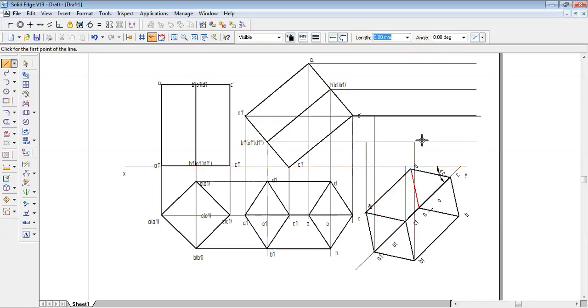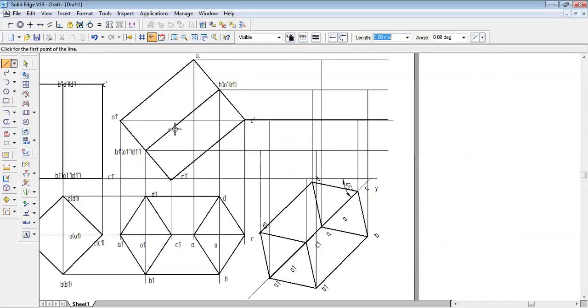Next A dash, next B dash, next C dash, next D dash. Okay, next, then afterwards you mark the point first. Okay, so if you want to zoom, you can zoom this one.